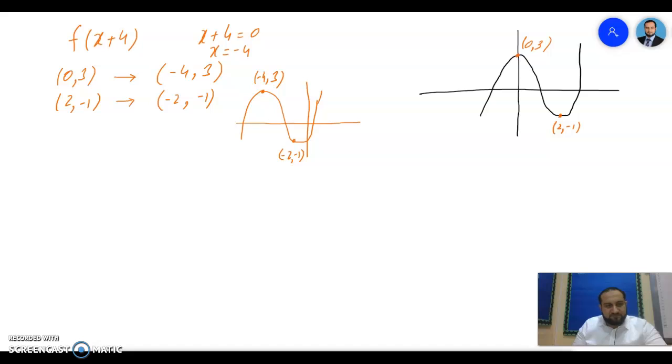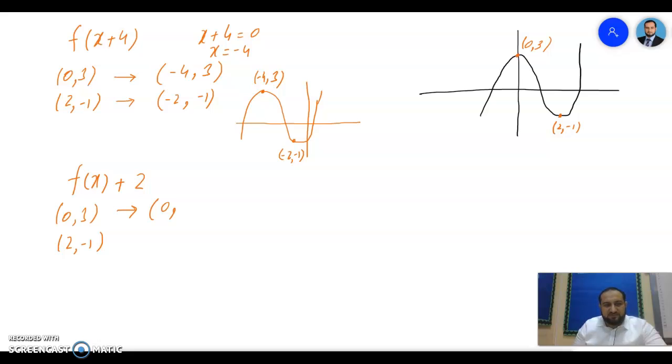Similarly, if we have another one, f of x plus 2, we know this is a vertical shift, so a vertical shift 2 units up. So what will happen with these coordinates (0, 3) and (2, -1)? Here this 0 will stay as 0, but this y coordinate has to move 2 units up.